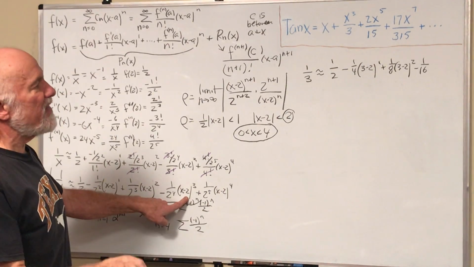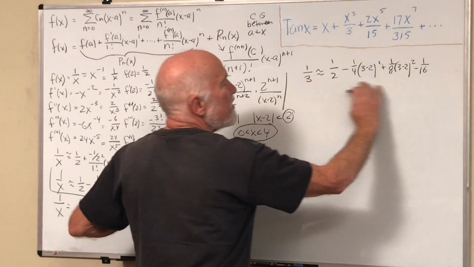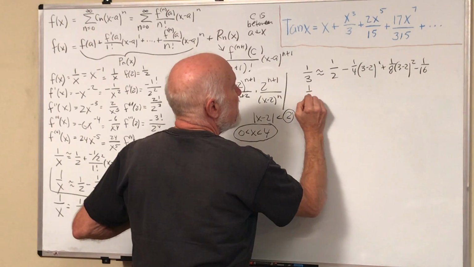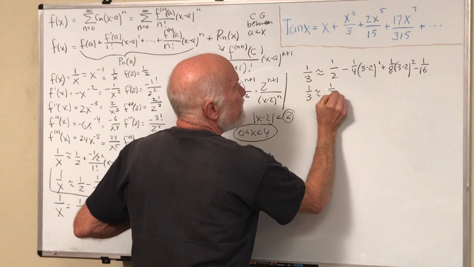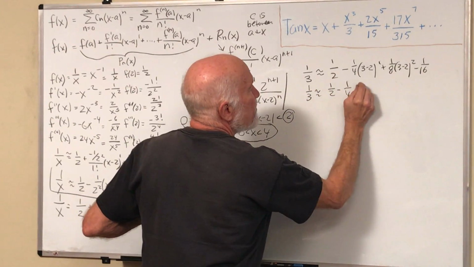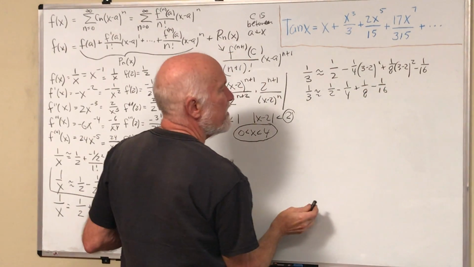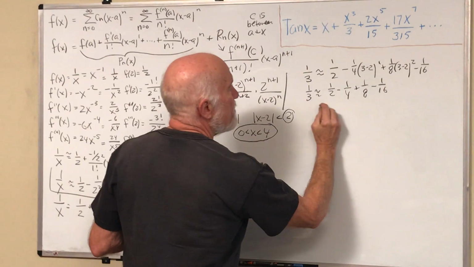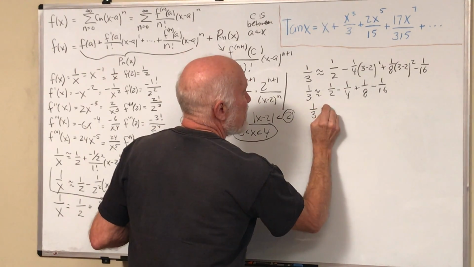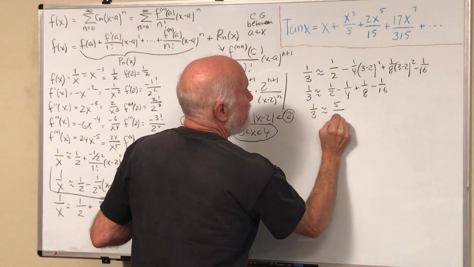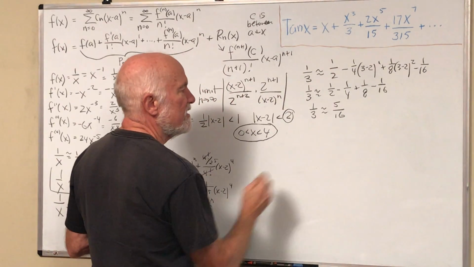So say we stop there. We're saying 1/3 is approximately 1/2 minus 1/4 plus 1/8 minus 1/16, which if you add them all up, it's approximately 5/16.